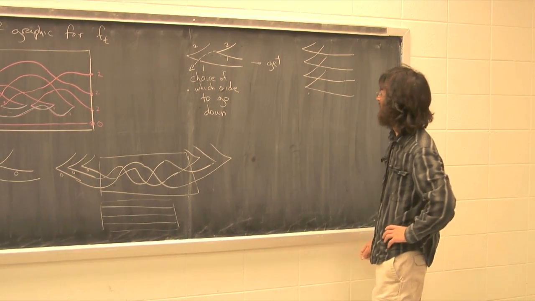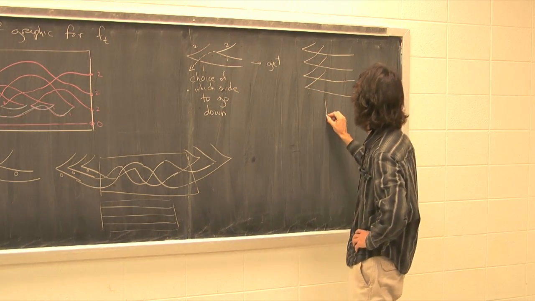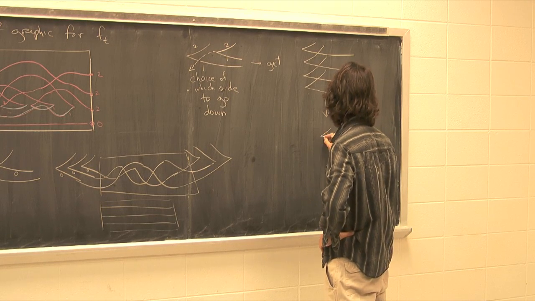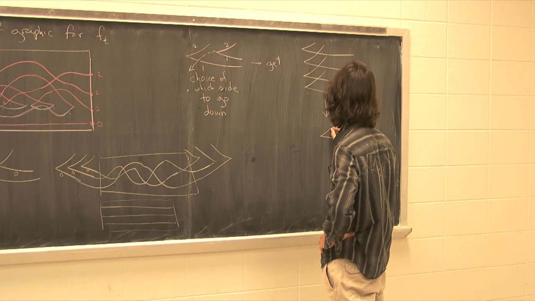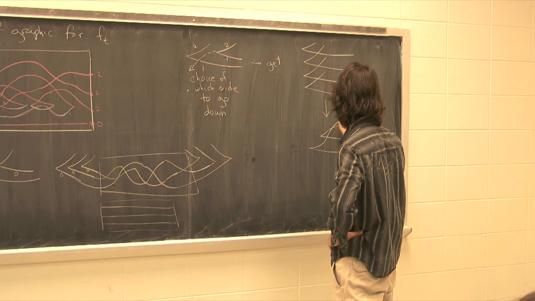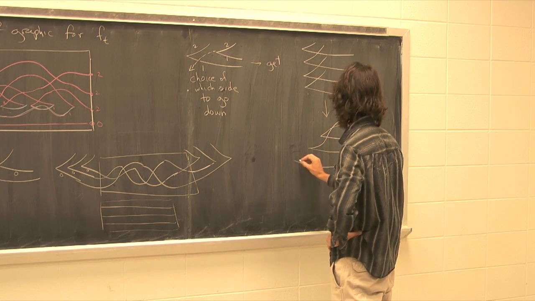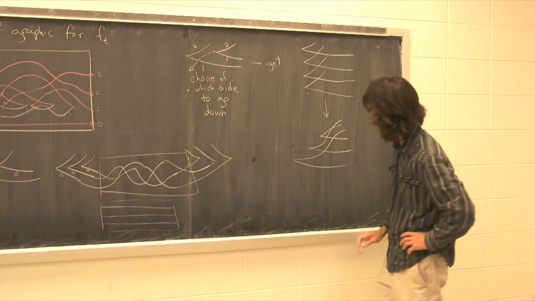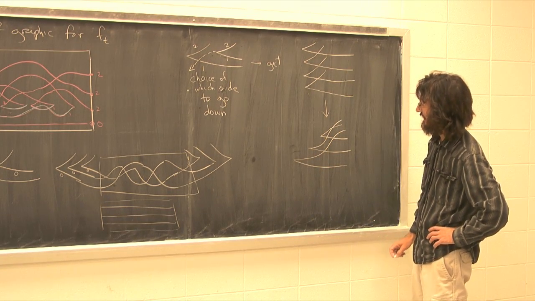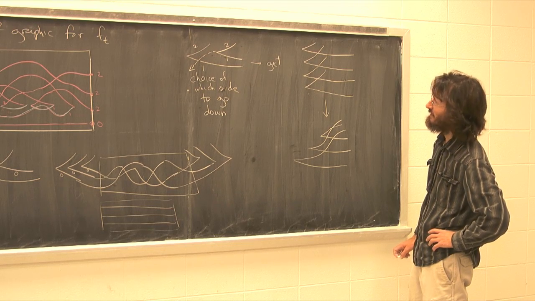And now what you could do then is get them to a situation where they're something like this, slightly one above the other. I'm not doing this the most efficient way.